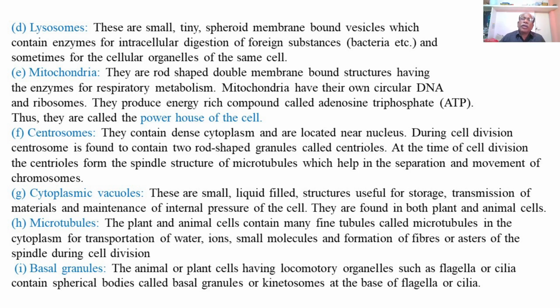These protein filaments of the spindle fibers pull away the separating chromosomes to the opposite poles so as to form two daughter nuclei, or ultimately to divide into two daughter cells.